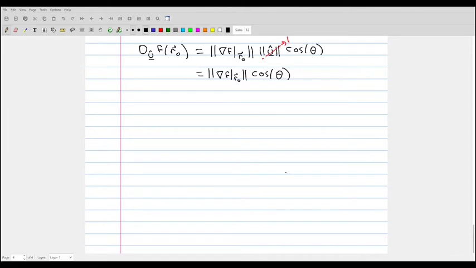And this immediately tells us several interesting properties of the gradient vector. Cosine of theta is maximum. And remember, theta here is the angle between two vectors. So theta is between 0 and 180, or 0 and pi.